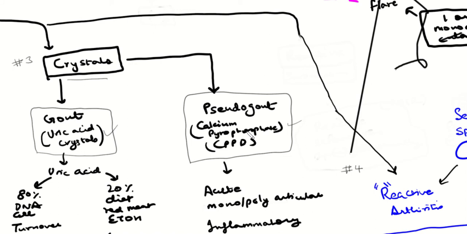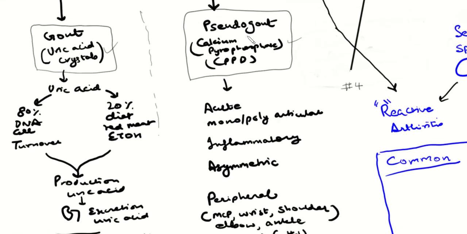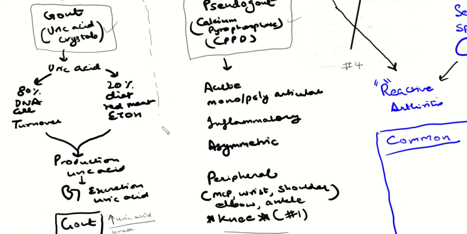Okay? So again, in summary, crystal disease, both gout and pseudo-gout, two kinds. Difference, uric acid crystals versus calcium pyrophosphate crystals. So that's the difference. Essentially crystals depositing. If it's uric acid crystals, the pain is because of uric acid crystals versus calcium pyrophosphate crystals.